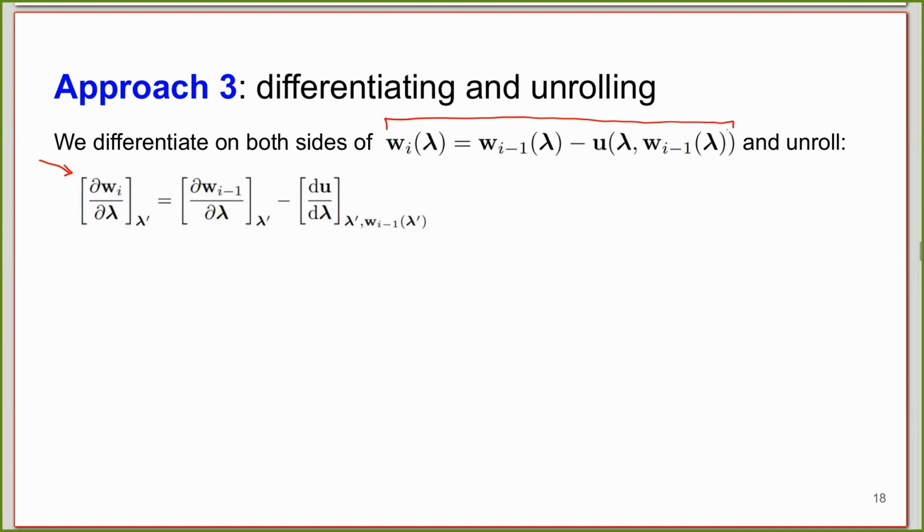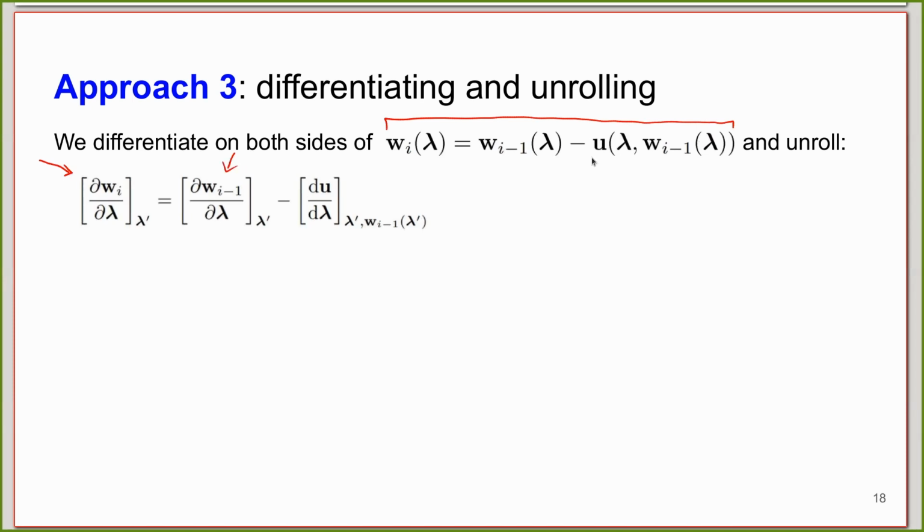It's going to be maybe a bit complicated because there is a recursion here, because Wi depends on Wi minus 1, and Wi minus 1 was obtained from Wi minus 2. So we're going to be unrolling the optimization process in the same way as this method, differentiation through optimization, or unrolling the optimization process. So now the gradient of Wi with respect to lambda is going to be the gradient of Wi minus 1 with respect to lambda.